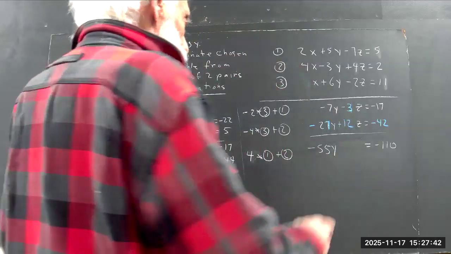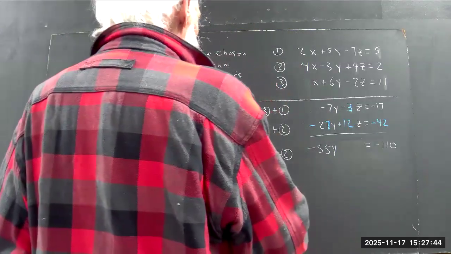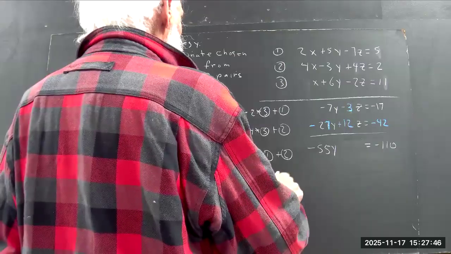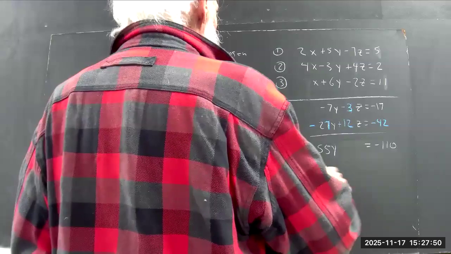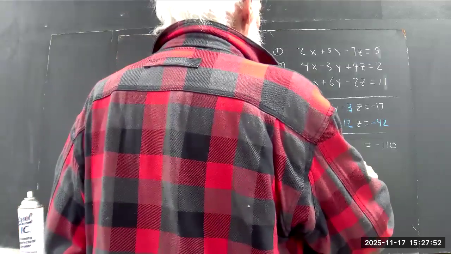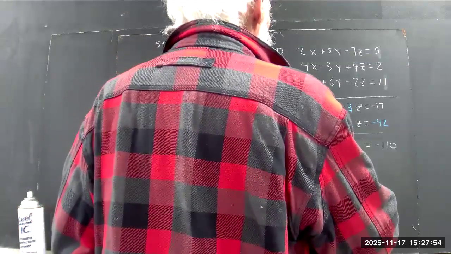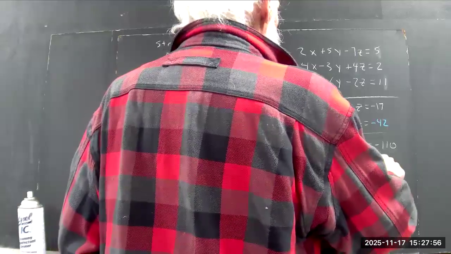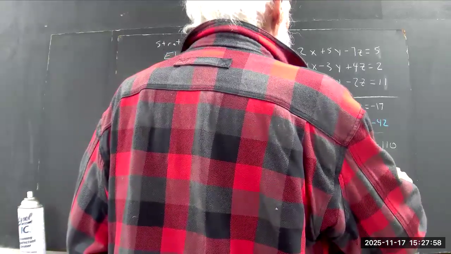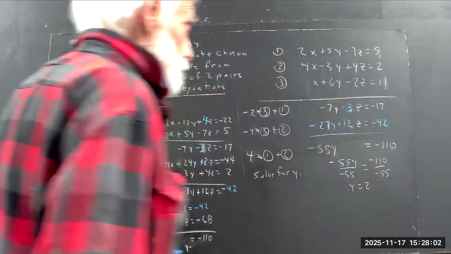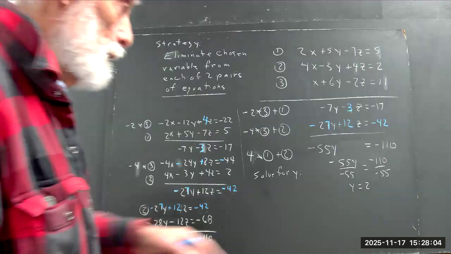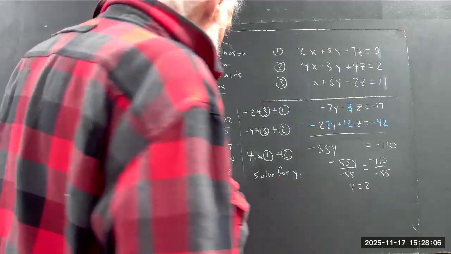Now how are we going to solve that? Well, now we solve for y. -55y over -55 equals -110 over -55. So y equals 2. All right, that came out nicely, as I intended it to.